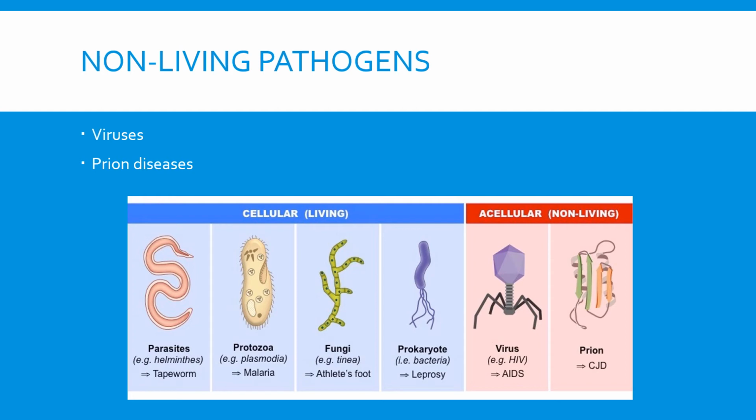What this means is they just consist of nucleic acid, and that nucleic acid is wrapped in a proteinaceous coat called a capsomere. And some of them also have an additional envelope, and these are called retroviruses. Retroviruses utilize and spread only RNA genetic material and are responsible for HIV and those types of human diseases.